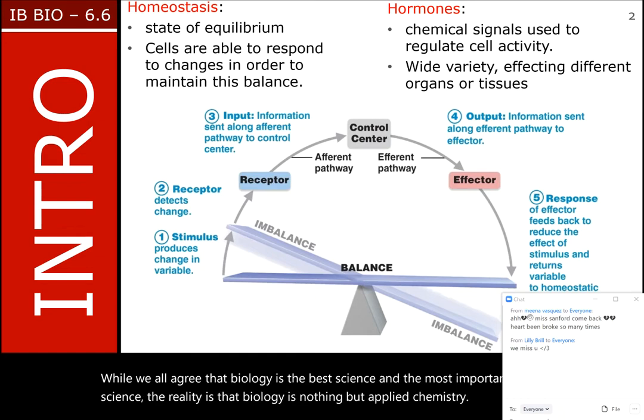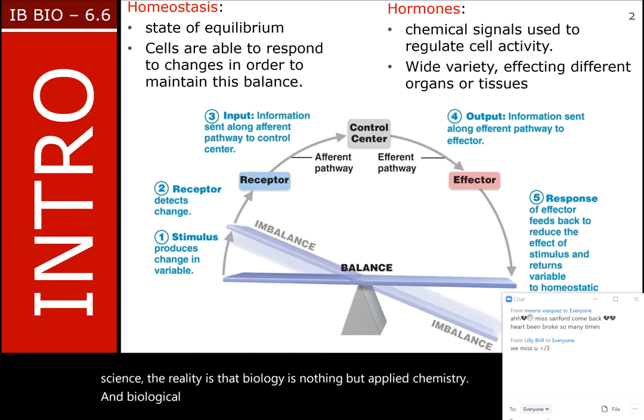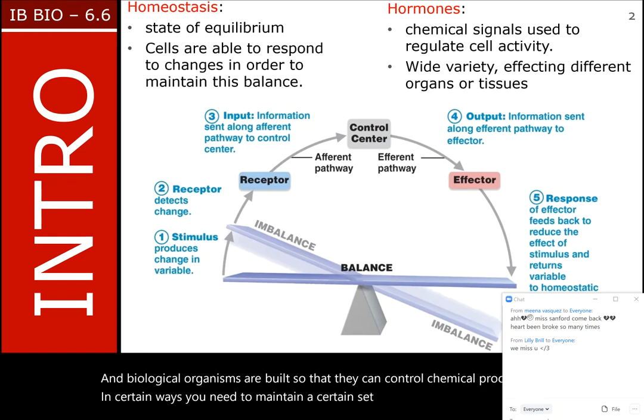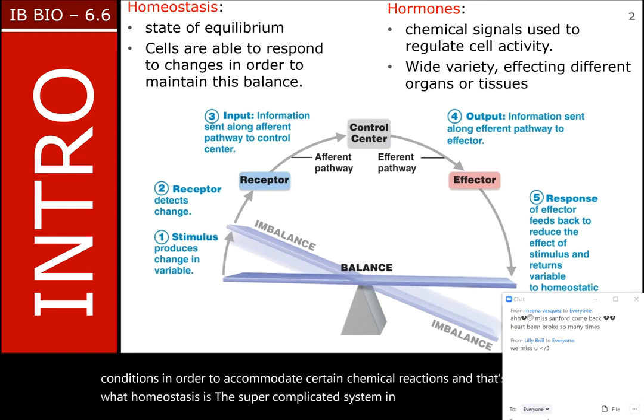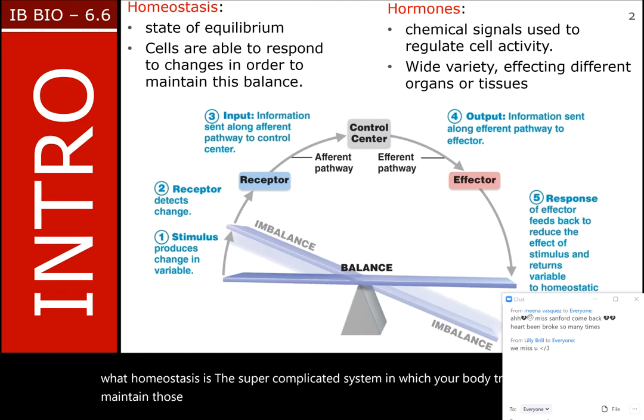And biological organisms are built so that they can control chemical processes in certain ways. You need to maintain a certain set of environmental conditions in order to accommodate certain chemical reactions. And that's all of what homeostasis is: the super complicated system in which your body tries to maintain those conditions in different parts of the body for different reactions, and as an organism overall.